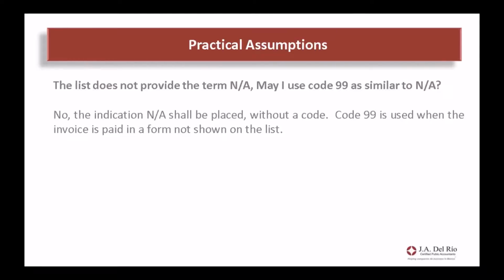And the description very well may be NA or not applicable, but without a code, because there is not a code for non-applicable. As we also just discussed, code 99 is used when the invoice is paid in a form not shown on the list, such as offset, such as paying with goods, and something else that is not on the list, but it's clearly identified as a method of payment.